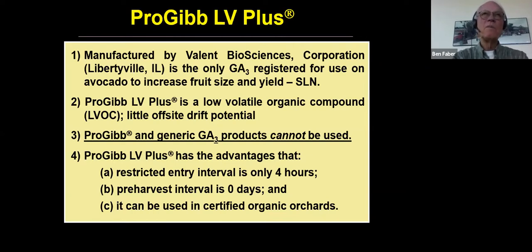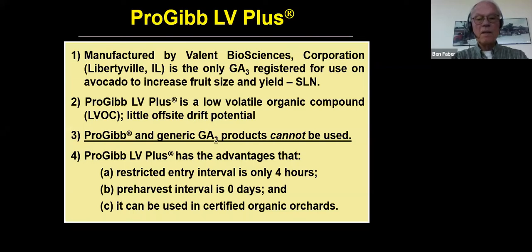There have been problems with the use of biostimulants moving off-site and causing problems with other crops. So this is the main reason why the ProGib LV Plus is the only one that's registered for use. ProGib and generic GA3 products cannot be used.